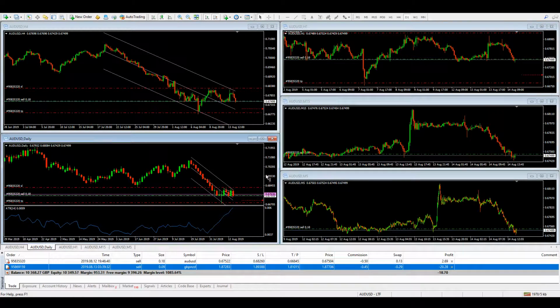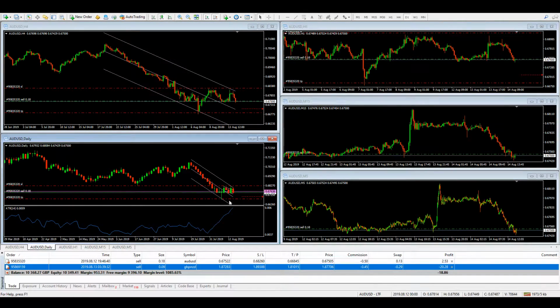So I'm looking for take profits on this, at least a 1-to-1 around these areas, because I'm going to let the lower time frame dictate how I manage this trade. What I'm looking for on these lower time frames is for the price to start moving down with lower lows and lower highs.